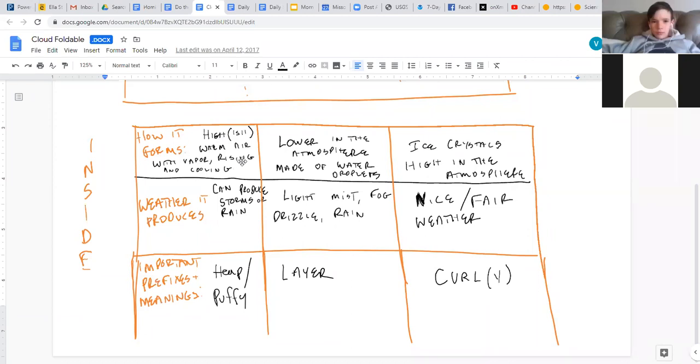Kellen just told us that stratus clouds form the same way, only lower in the atmosphere. And then on the far right here, cirrus clouds also form with air rising, cooling, vapor condensing, but this time the difference is that it happens so high in the atmosphere that instead of water droplets, we have ice crystals. That's the unique characteristic of a cirrus cloud.